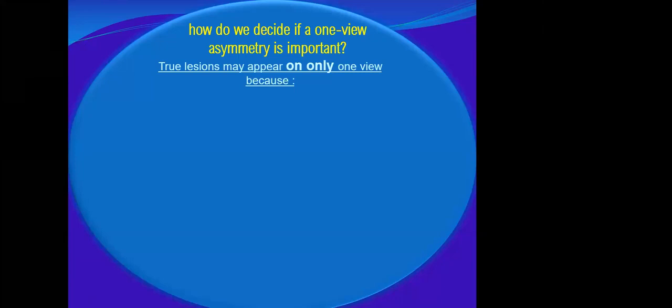So how do we decide if a one-view asymmetry is important? A true lesion might appear on only one view.